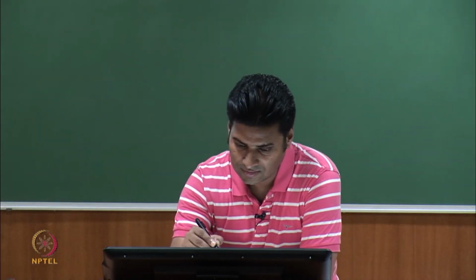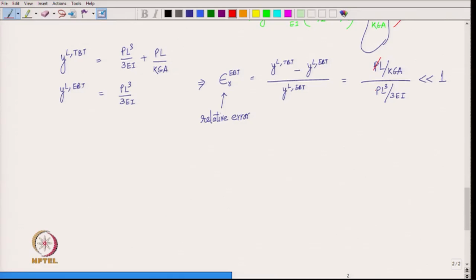We can cancel this P, we can also cancel this L, and this becomes 2, right. So, finally, we have 3EI divided by kGA into L² much less than 1, right.